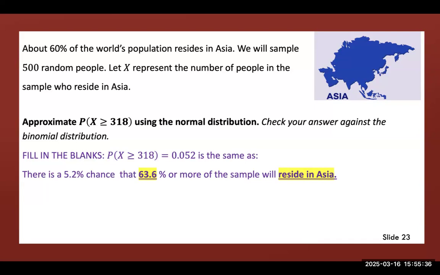So 318 divided by 500 is 0.636. So X being greater than or equal to 318 is the same thing as the percentage of the sample being 63.6% or more. So there's a 5.2% chance that 63.6% or more of the sample will reside in Asia.